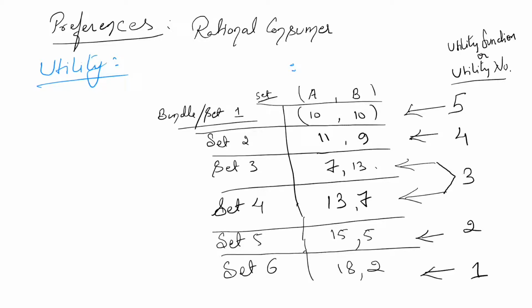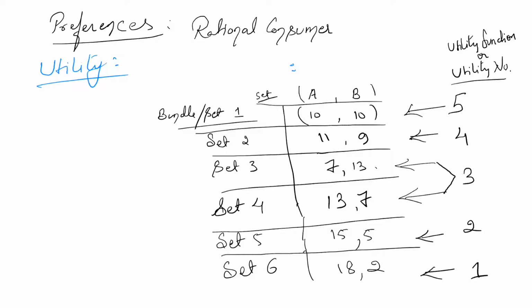All these utility numbers are assigned considering the income of the consumer or the preference of the consumer or the price of the goods, regarding the consumer's choice.